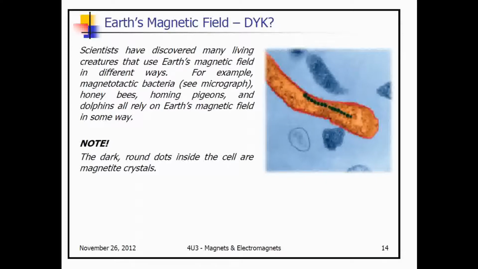This is an image of one, and you can see those little black dots. Those are magnetite crystals inside the bacterium, and they align themselves based on the magnetic field. So it always lets that bacterium know where the Earth's magnetic field is.